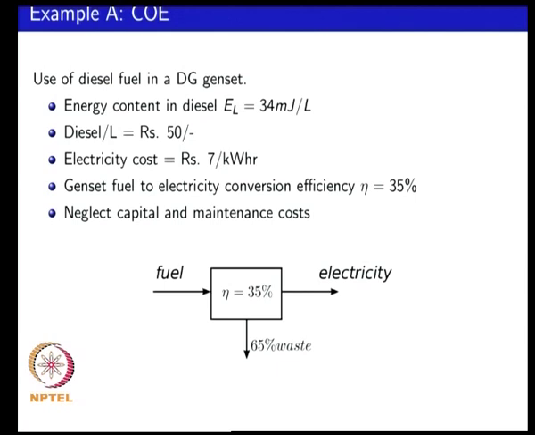When we worked through the example, we found that the cost of energy in this particular case from your DG set would work out to be rupees 15 per kilowatt hour, which is much greater than 7. So, it does not make sense to produce electricity in this manner except when absolutely necessary.